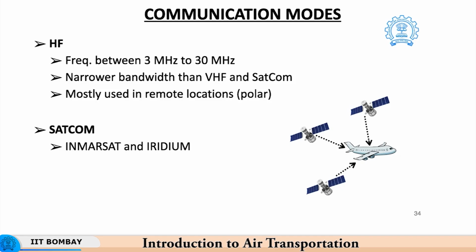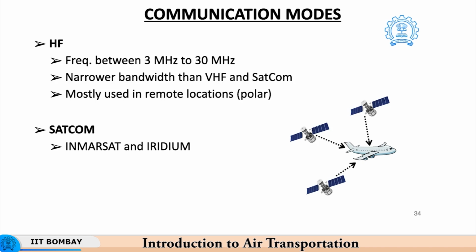Now, this type of communication mode makes use of two types of satellite constellations. One is called Inmarsat and the other is called Iridium. The former makes use of a constellation of 15 geostationary satellites to carry out voice and data transmission, whereas Iridium makes use of a set of 66 low Earth orbit satellites.